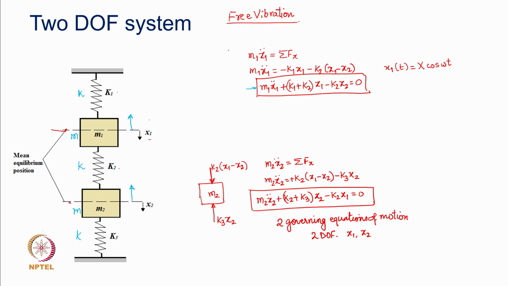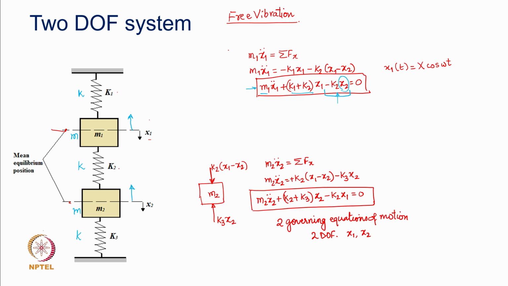That the governing equation dictates or decides how x1 is going to be, x of t. By solution of this equation you are going to get the response x of t, is not it? But that response is not only governed by your parameters like this, but the governing equation has a contribution coming from the other degree of freedom x 2.